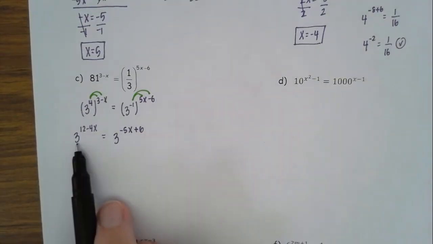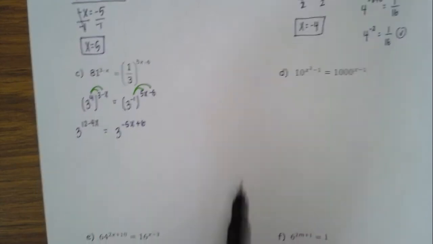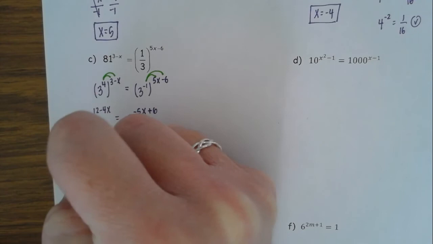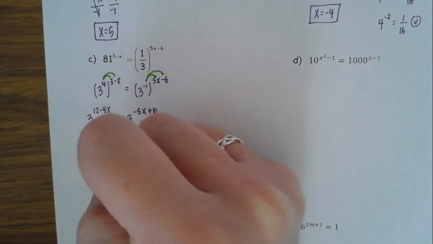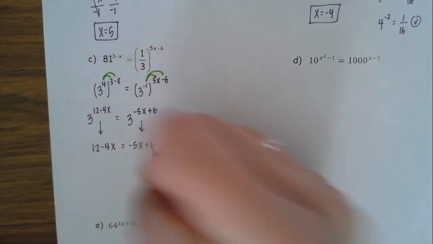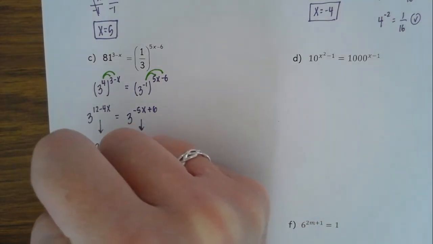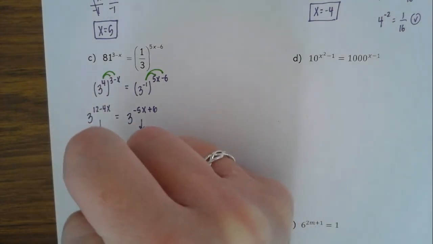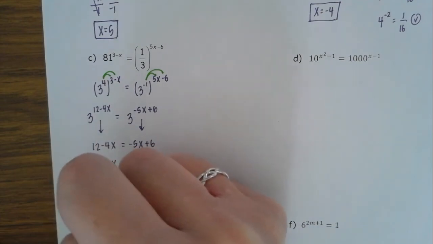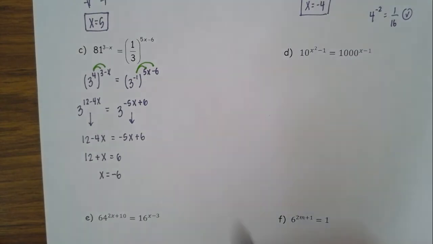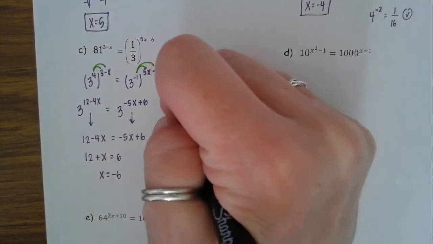And now that my base is 3 here, my base is 3 here, I can go ahead and set my exponents equal. And then I can just go ahead and solve for x here. So it looks like I get an x value of negative 6, and then I am going to go ahead and check that.